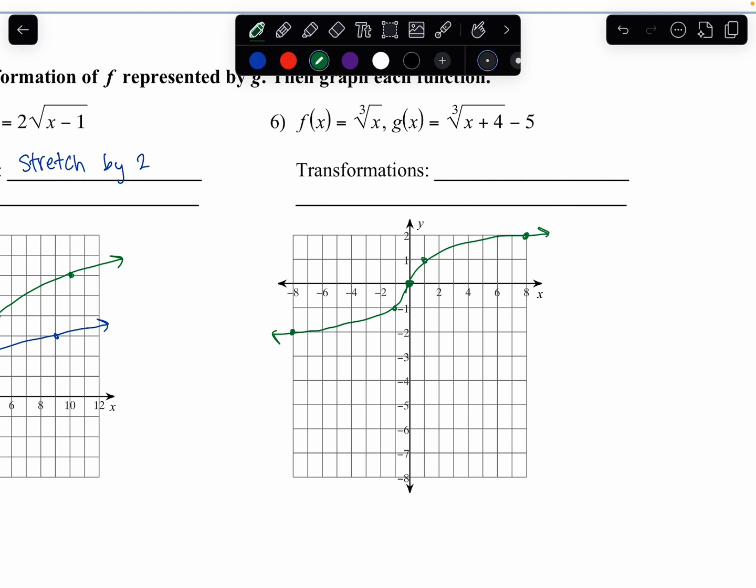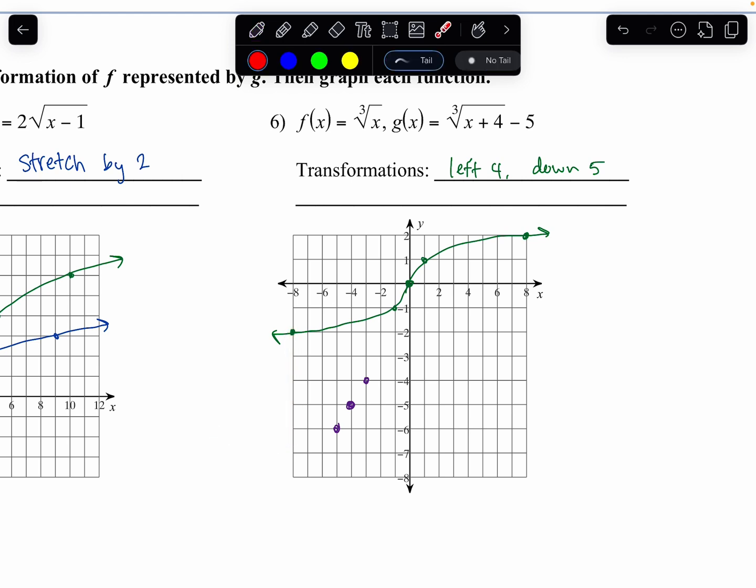Okay, the transformations are going to move to the left 4 and down 5. And so just think about these points. So left 4 and down 5, so maybe like right here. And then same with the other points. This one, down 5, left 4.